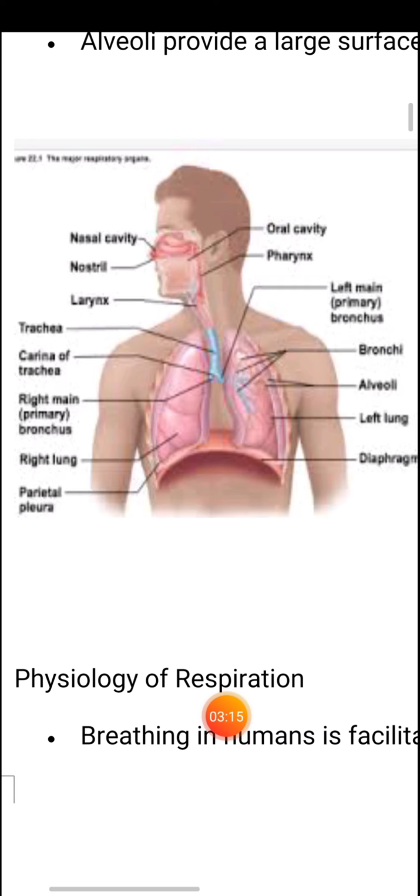And one more thing, if you observe the lungs properly, you can see a small C-shaped bone on which the lungs are placed.